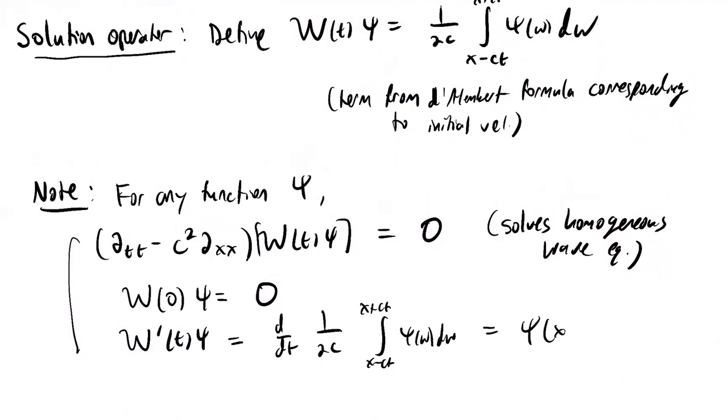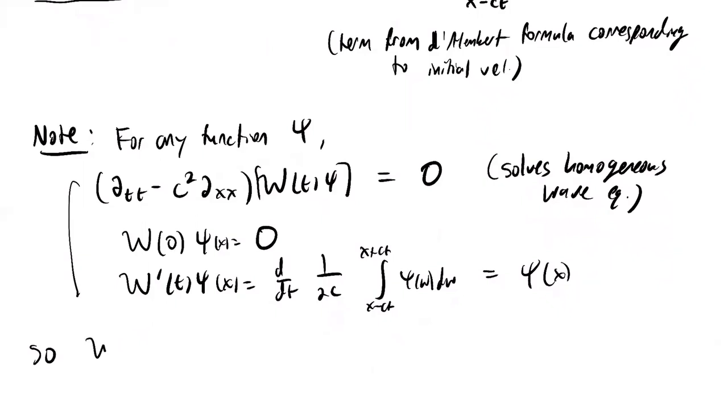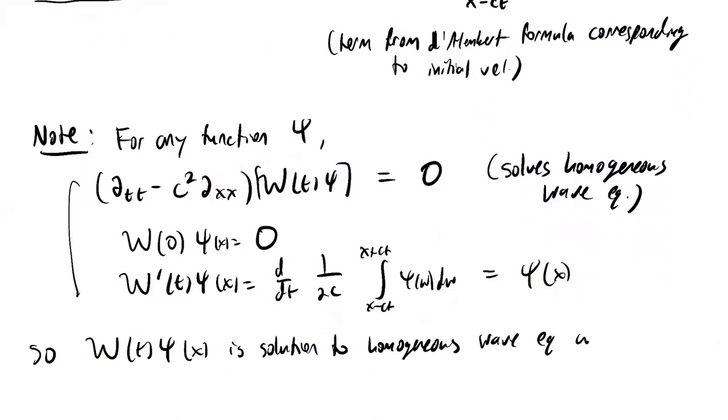So this depends on x at each point. And so this solution operator transforms the function psi into a solution to the homogeneous wave equation where the initial position is 0 and the initial velocity is psi.